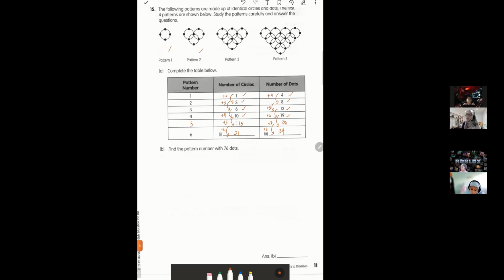Now for part B. Find the pattern with 76 dots. Right. So for this one, we try to draw out the table. Okay. And then we cut up. Here will be the pattern number and then number of dots.